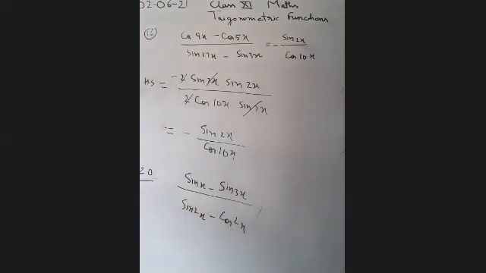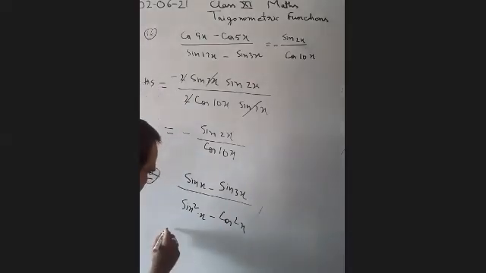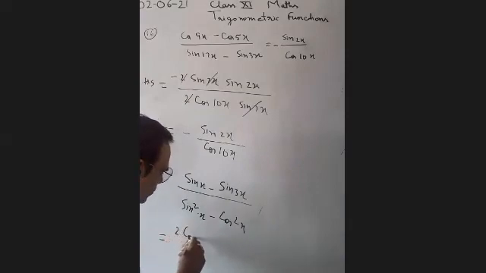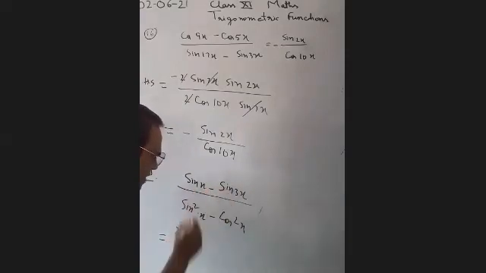This is the question. In the numerator, you can use the formula of sin C minus sin D, which will be 2 cos of (C plus D) over 2. C plus D means 3x plus x, which is 4x, divided by 2, you will get 2x.